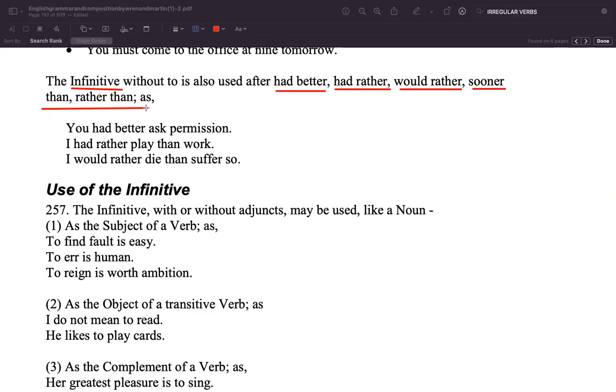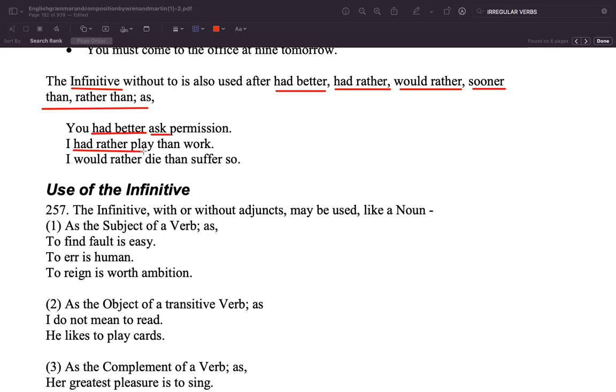Where do we use only the infinitive, and where do we use to plus infinitive? Let's say when you're using had better, you can say you had better ask. We don't say had better to ask.